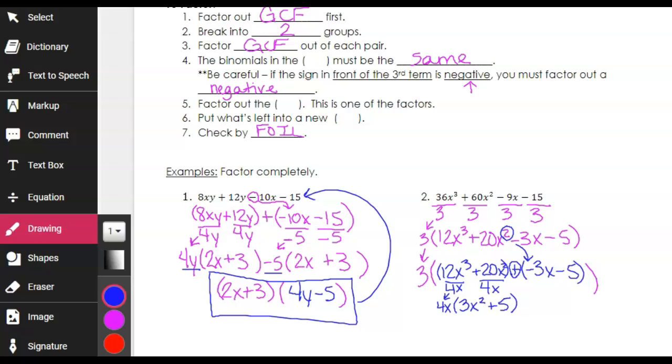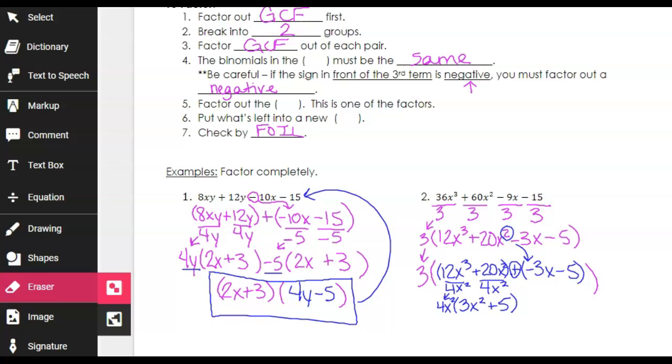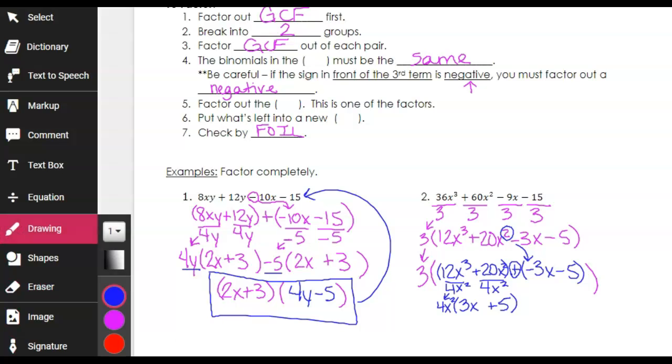Should have been plus 20x squared, which means that in the GCF, if I had x cubed and x squared, that means that there was x squared to give up in the GCF. My first term, instead of being 3x squared in those parentheses, should have just been 3x. And my second term should have been plus 5.